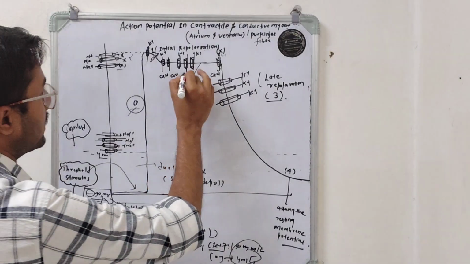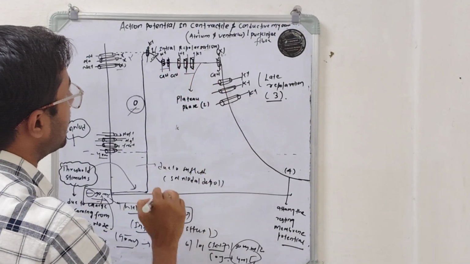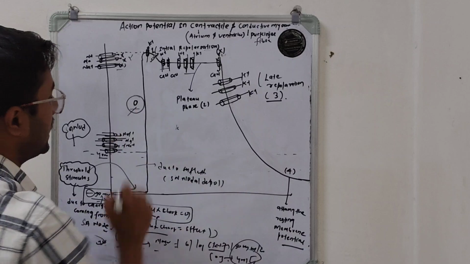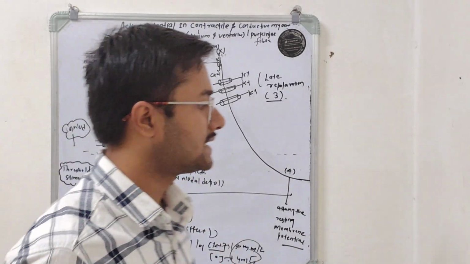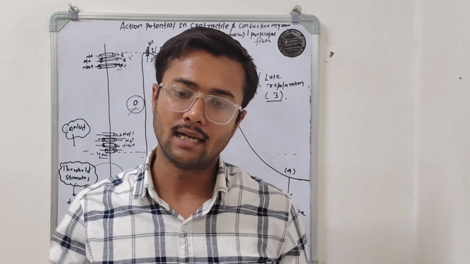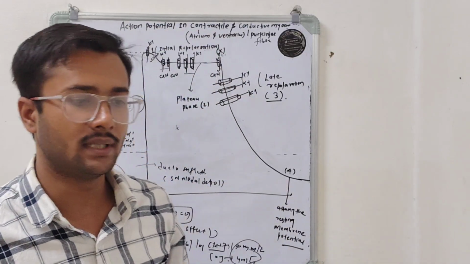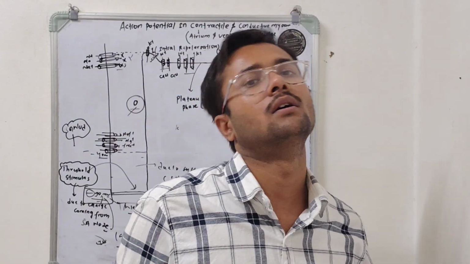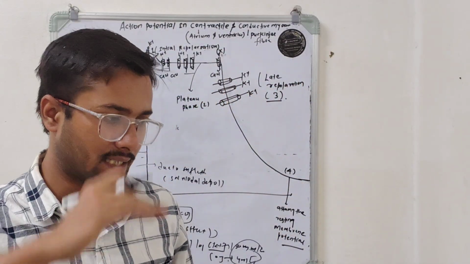After the initial repolarization phase, after some time there is the opening of voltage gated calcium channels. Due to the opening of voltage gated calcium channels, there is an influx of calcium ions, and at the same time there is an efflux of potassium ions.